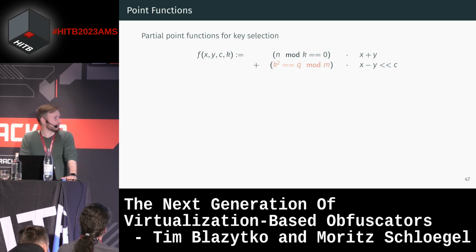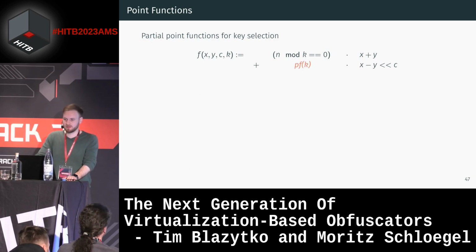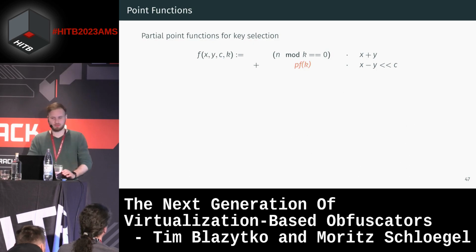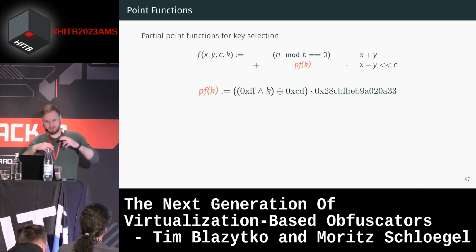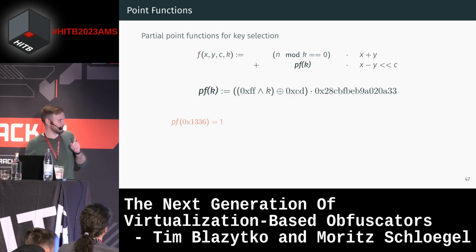But there is other stuff we can do with our key checks. So instead of having the quadratic residues here, we could use a partial point function. And we'll see in a second what a partial point function is. I'll show you first an example of a partial point function, and there are many forms of this. So this is just one example. This one is synthesized, so it's basically made up according to some rules, and there are two major rules. The first one is this point function must return 1 for the correct key.